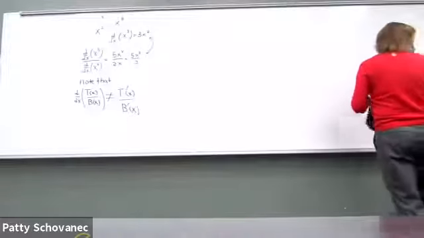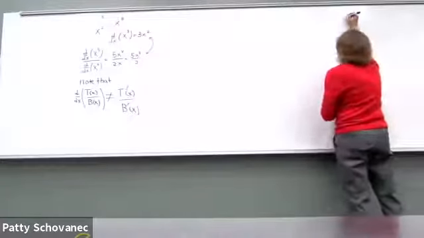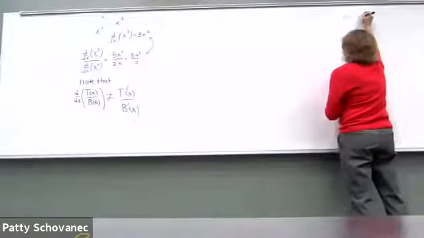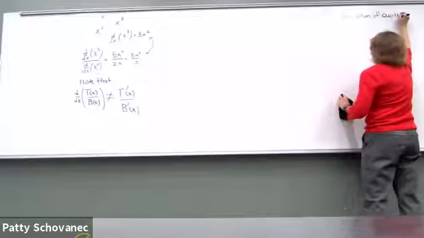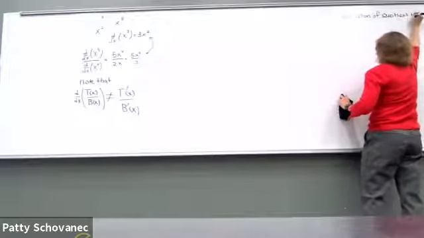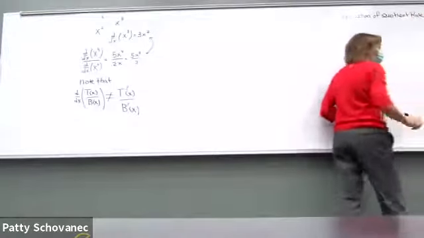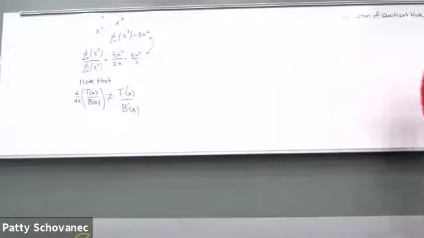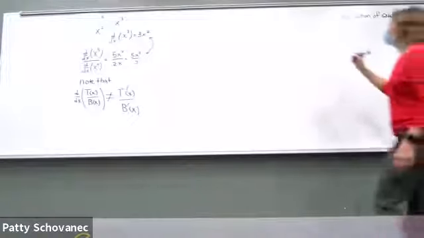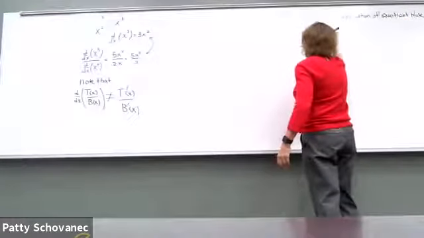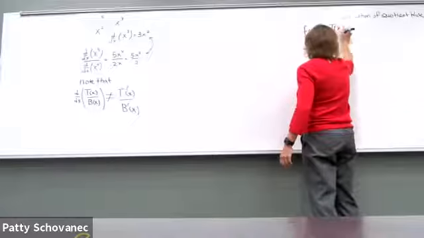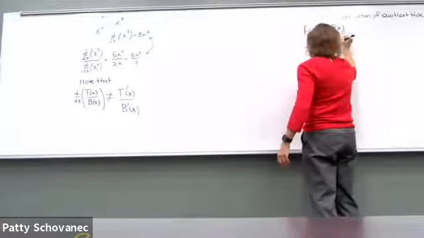So here's the derivation of the quotient rule. I'm going to let f of x be written as a top function over a bottom function.